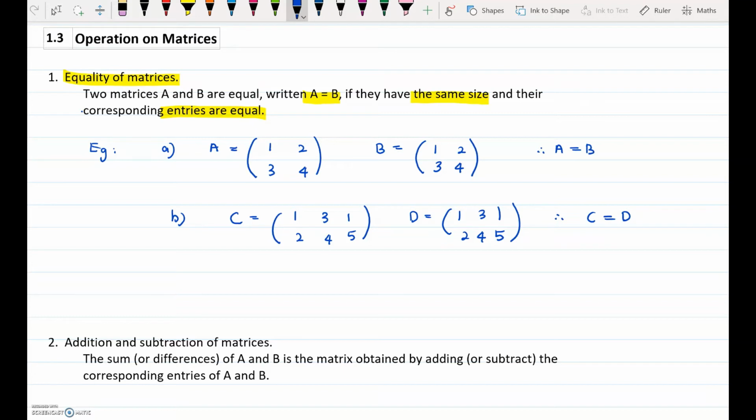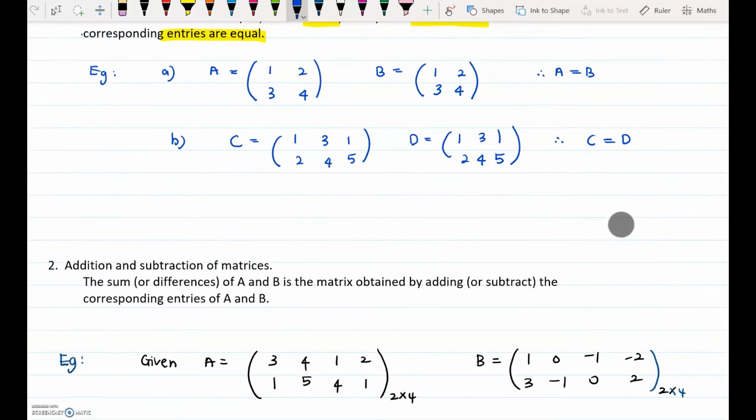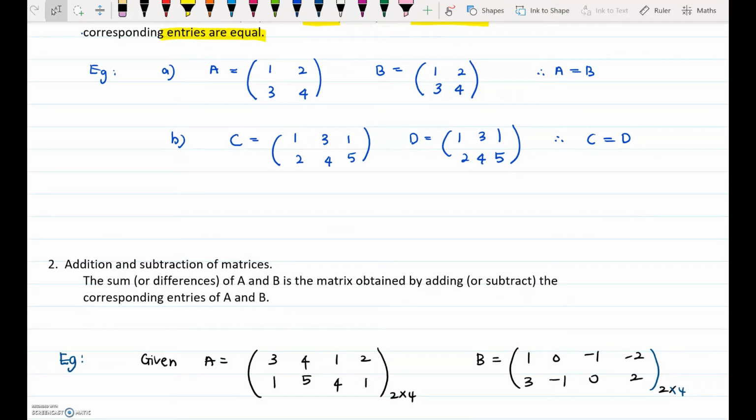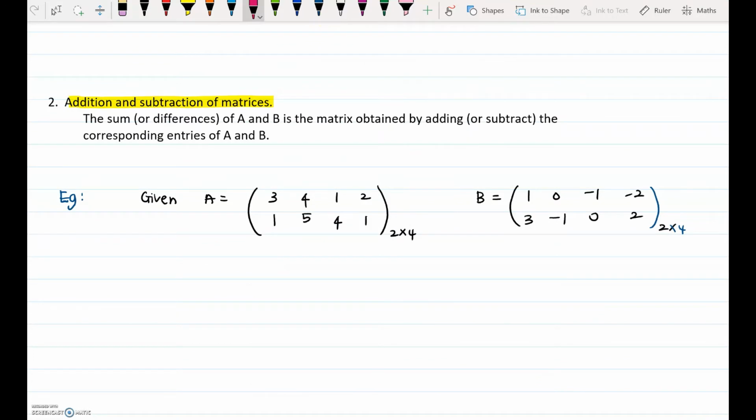Next, let's continue with the second one, addition and subtraction of matrices. The sum or difference of A and B is the matrix obtained by adding or subtracting the corresponding entries of A and B. Let's look at an example.